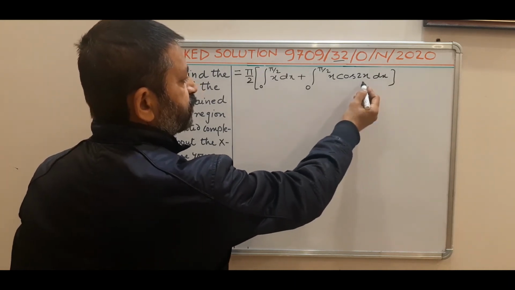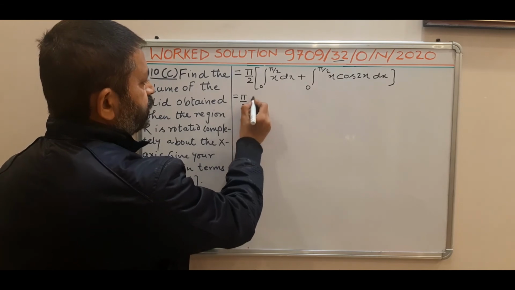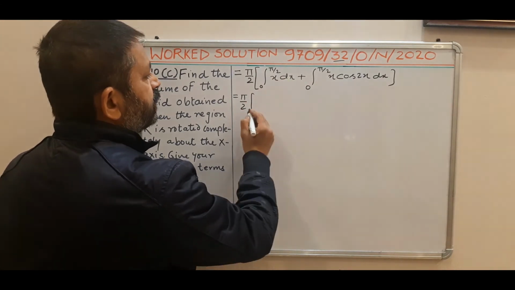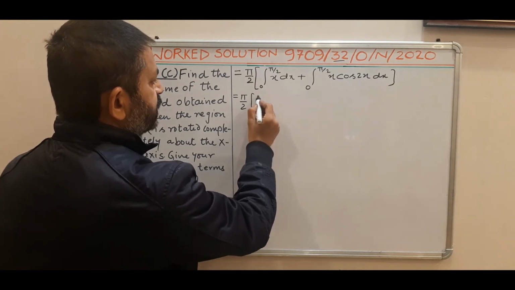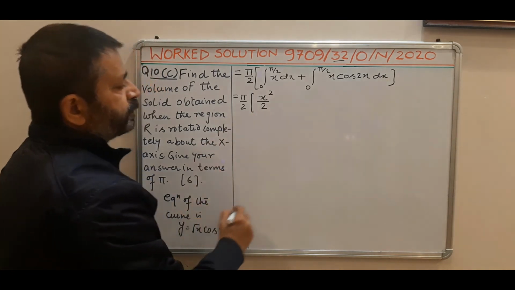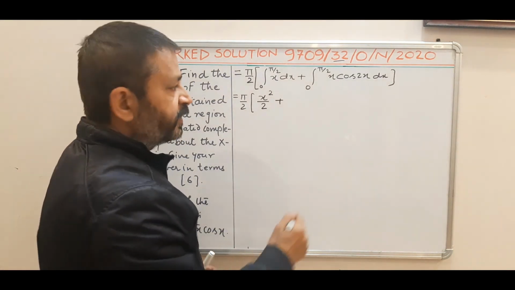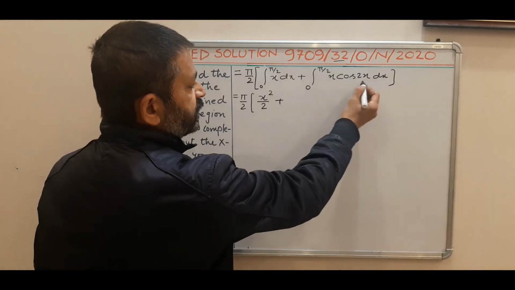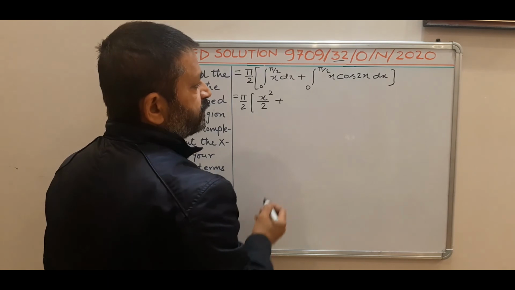This is integration by parts, product of two functions. So it will become pi by 2, and we'll put limits in the last only. First we need to integrate each and every term present here. So this x will become x square upon 2. I'm just removing the limits, and in the next step, when we have integrated it completely, we will substitute the limits. Here it's integration by parts, so you need to decide which function is your first function.